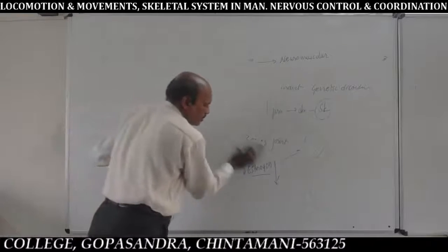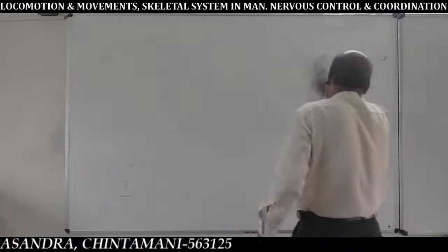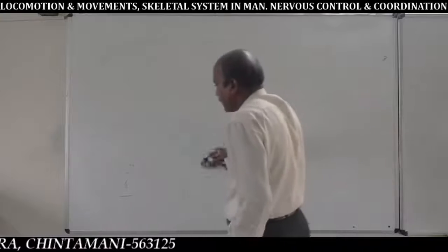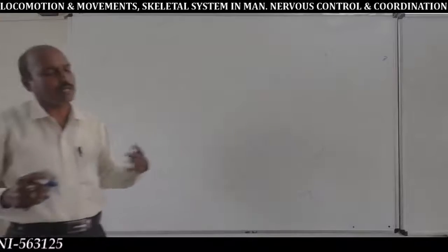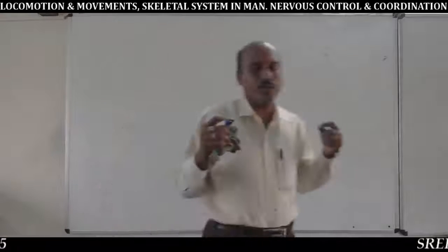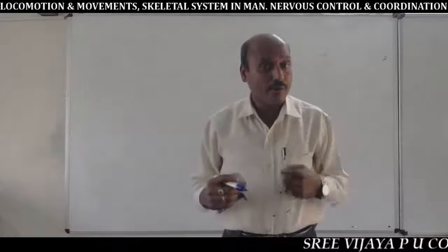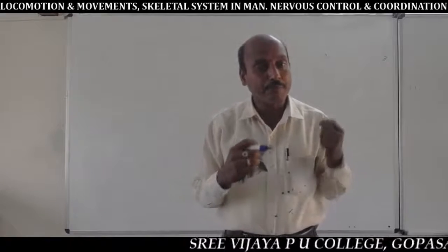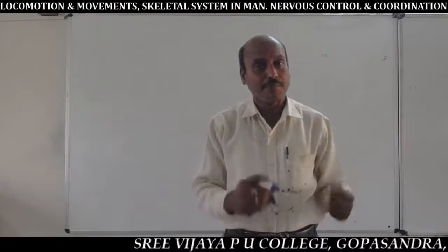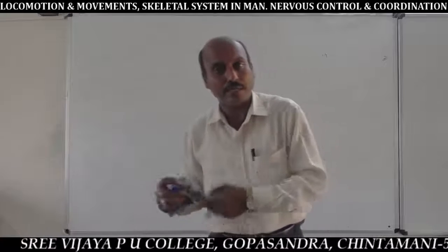neural control and coordination. In this lesson, we will discuss how the nerve cells, the neurons, function in our body for the transmission of impulse from receptors to the effector region.